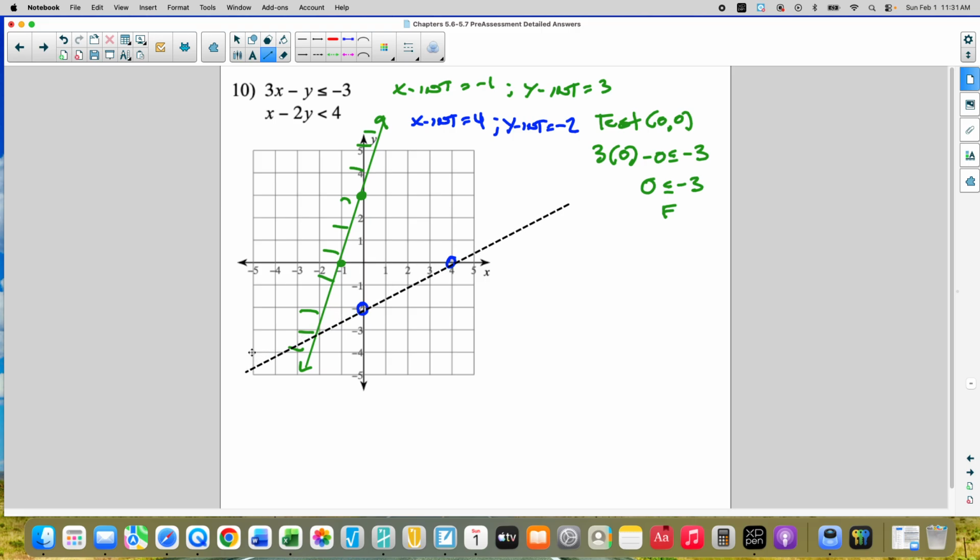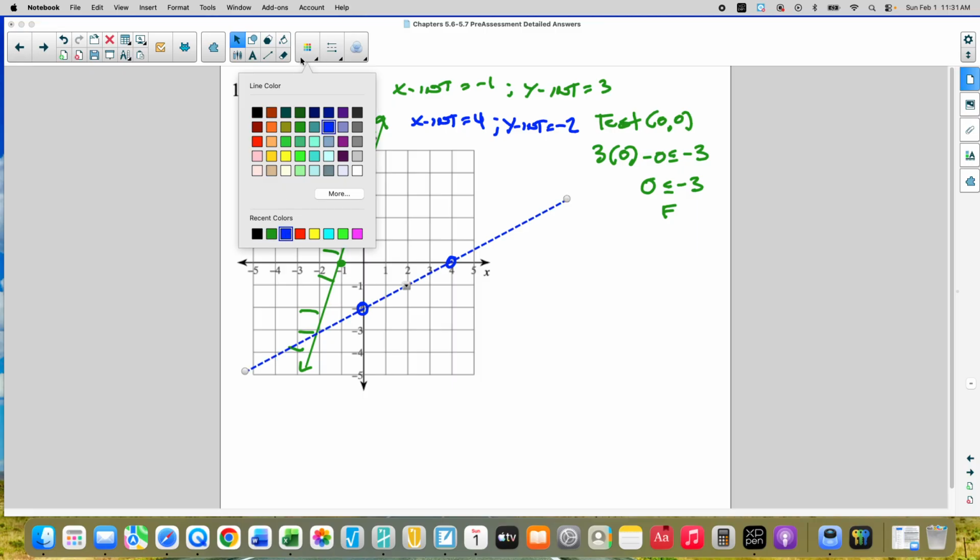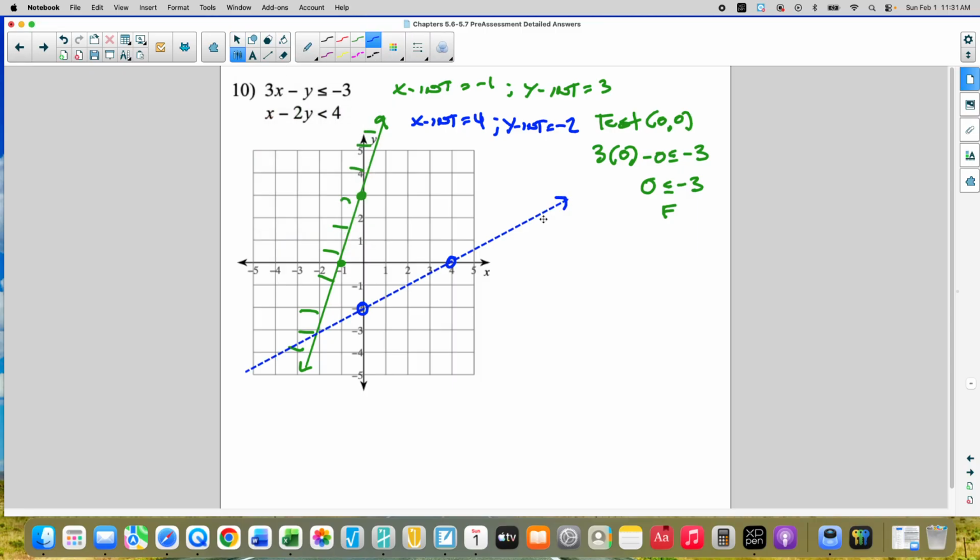This does need to be dotted. And let's make it blue. Let's test. 0, 0: is 0 minus 2 times 0 less than 4? Is 0 less than 4? That's true.